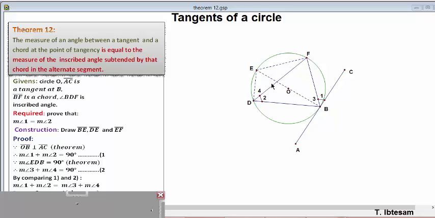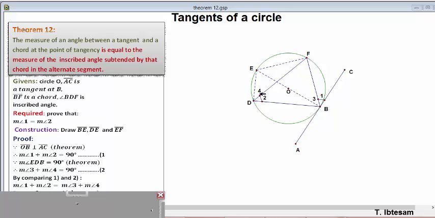What I will do, as you see here, what's the relation between angle 4 and angle 3? What's the relation between them? Angle 3, as we see, it's an inscribed angle. Angle 4, it's an inscribed angle. The arc of angle 3 is what? It is F and E. So FE is the arc.